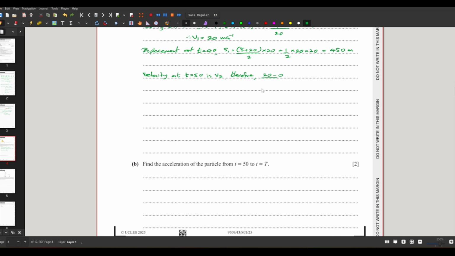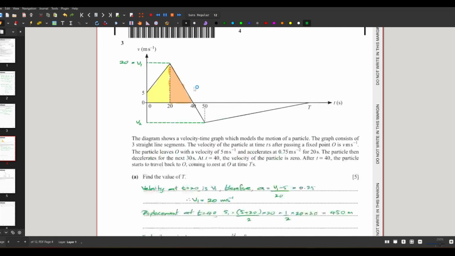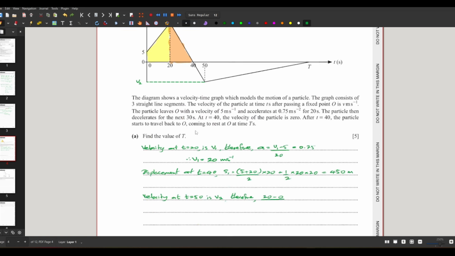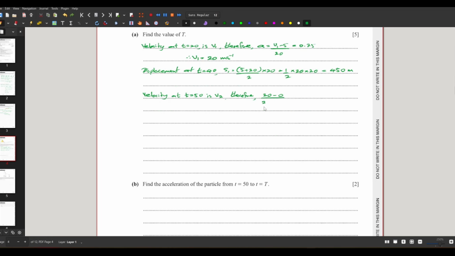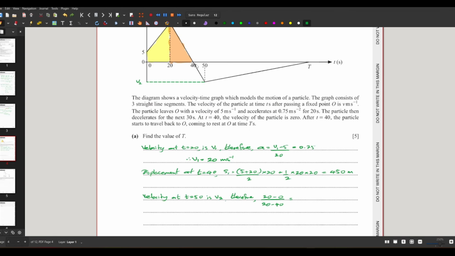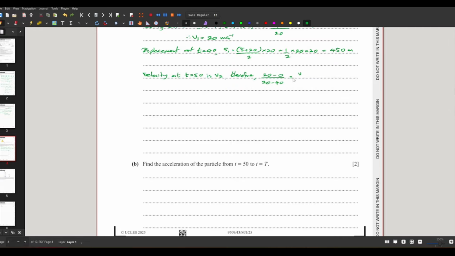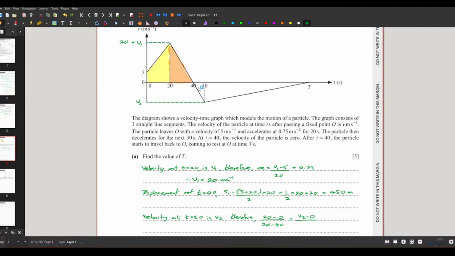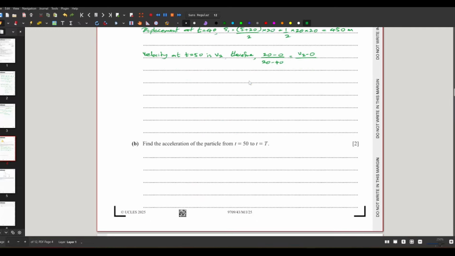I will write 20 minus 0, divided by the time, 20 minus 40 here, equals the gradient of this small triangle. So V2 minus 0, divided by 50 minus 40.